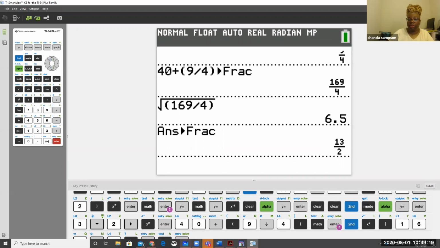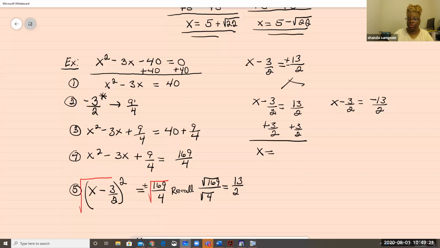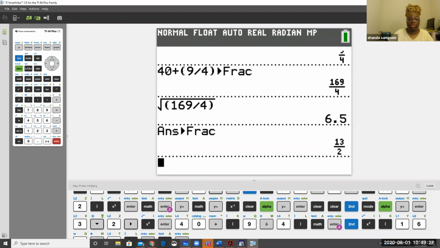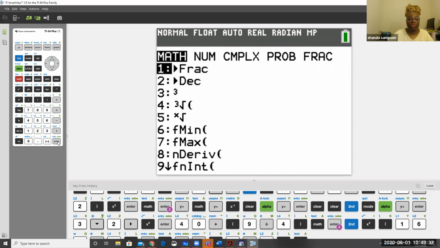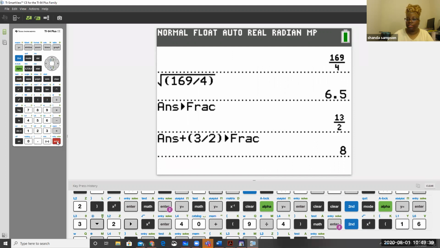So now I'm going to do 13 over 2 plus 3 over 2. And remember, math interchanges your decimals to fractions. All right, that happens to be 8.